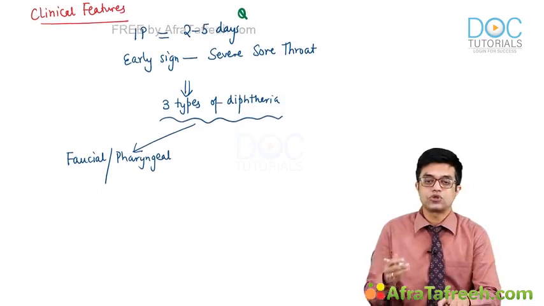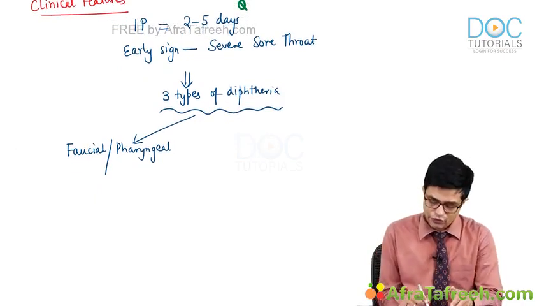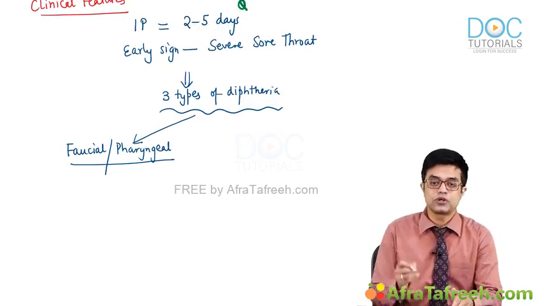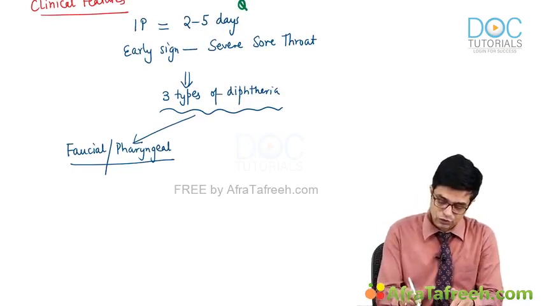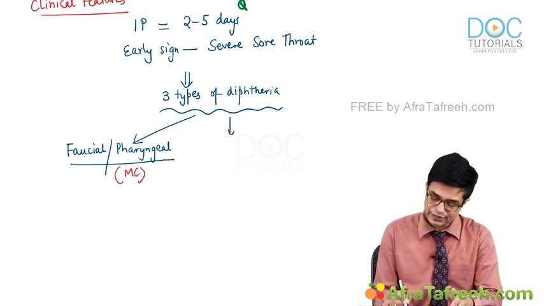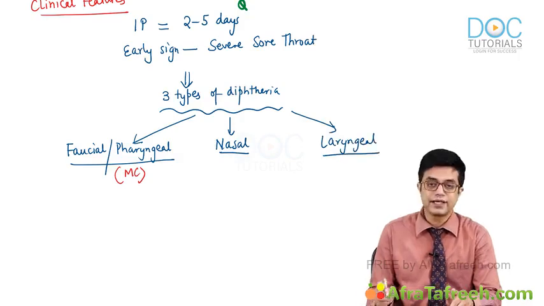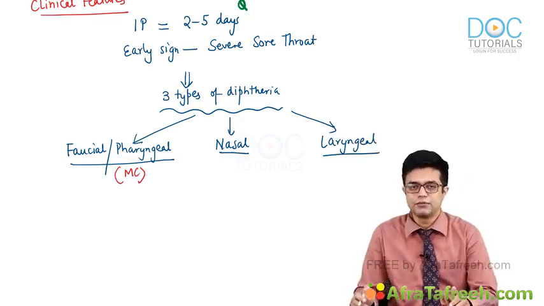It is also called tonsillopharyngeal because it involves the tonsils and the tonsillar pillars. Faucial or pharyngeal or pharyngotonsillar is considered to be the most common variety. The second common form of diphtheria is nasal diphtheria, and the third common form is laryngeal diphtheria. So, these are the three common types. There are other rare subtypes which have also been described, but they are not relevant and they are not often seen in children.